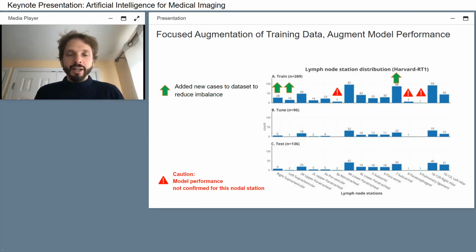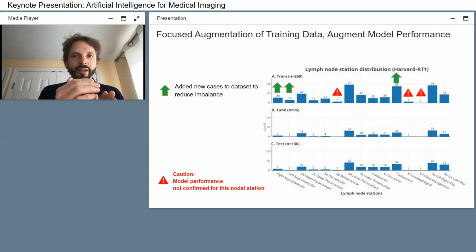It's also logical: the more examples the algorithm has to learn from, the better it performs at that specific task. So we could really say, okay, now tailored: we see a problem for this lymph node station, let's increase the training data sets. And we see indeed that in the testing data sets the performance went up. But for other lymph node stations, we simply did not have the data. And this is also really important.